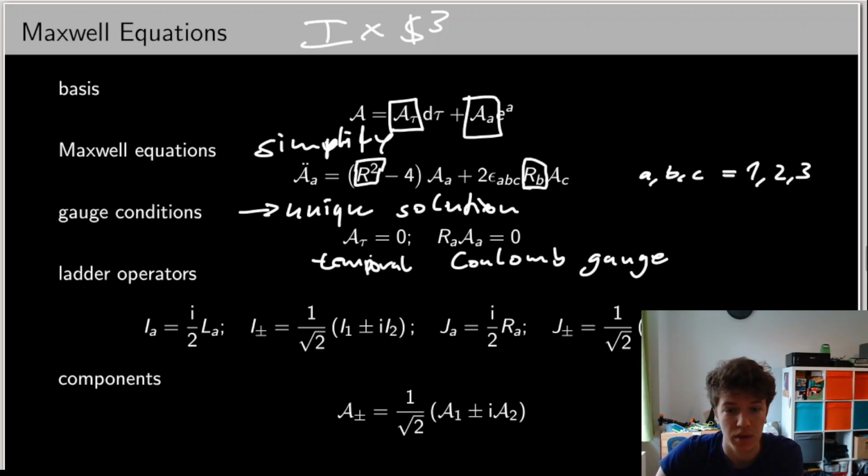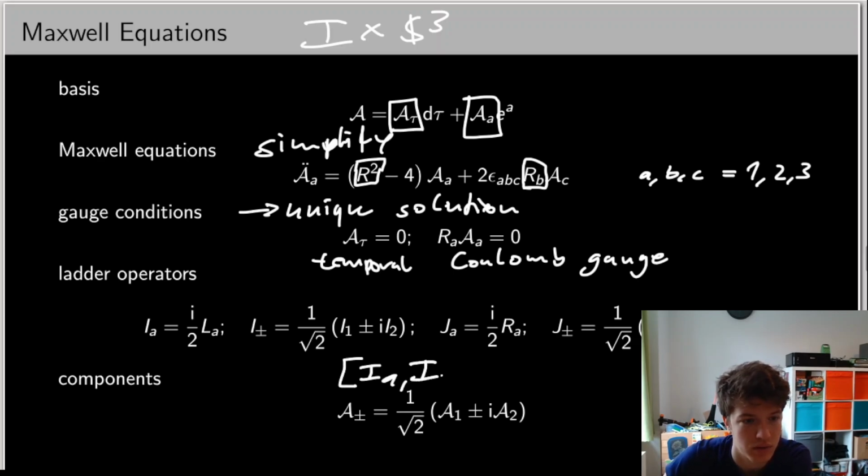And with that, we define ladder operators, making it all imaginary or using complex numbers. We just simplify that so that in total we have better commutation relations.